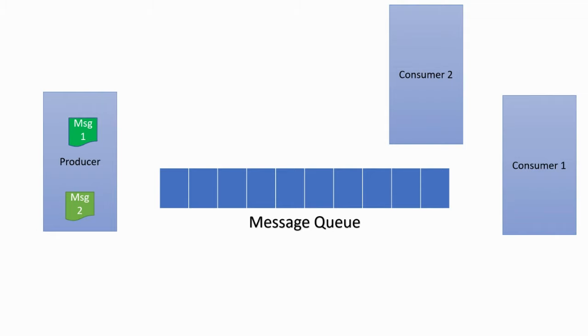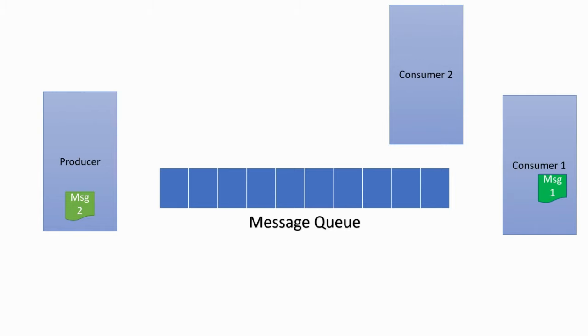Once the producer produces message one, it pushes it into the message queue, and whichever consumer is able to access the queue first will retrieve the message. It is not mandatory that message one will be consumed by consumer one. It can also be consumed by consumer two, but in that case the other consumer will not be able to access the message. So in this case, consumer one got hold of message one and is able to process it.